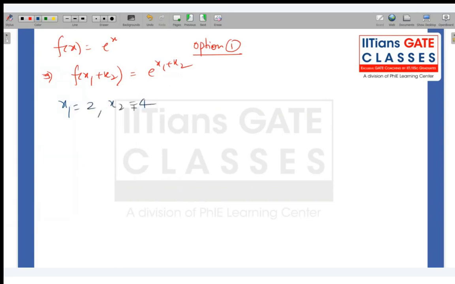So you can calculate now. What is x1 plus x2? x1 plus x2 is 6, so e raised to power 6. Using a calculator, you can immediately calculate; this comes out to be 403.42, right?